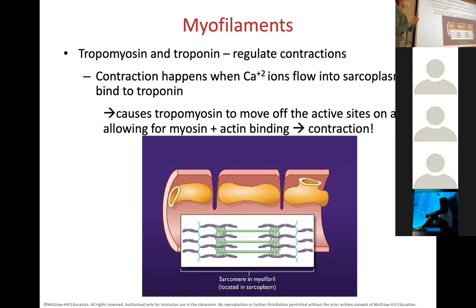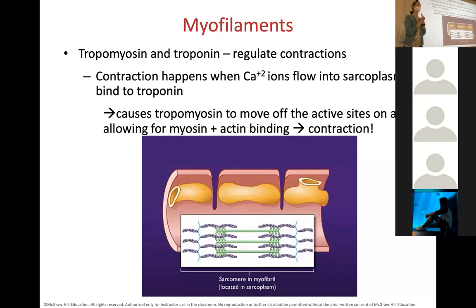The contraction happens, and I think I mentioned this quickly on Friday, when calcium ions flow into that cell. So calcium ions are what allow the muscle to actually contract. What happens, and you'll see this in the next video, is calcium ions bind to troponin.